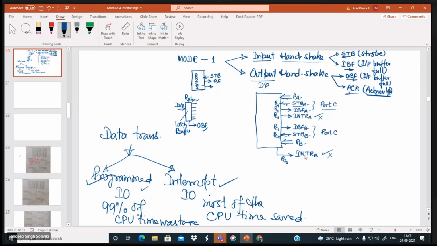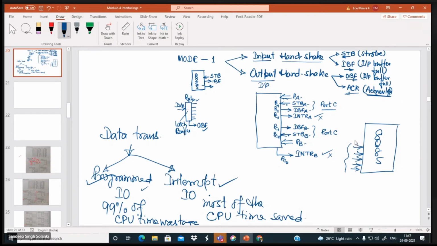Okay, and these interrupts you can connect to your processor, to your processor means this 8085, which you have been taught, with 5 interrupt pins available. Wherever you want to use, you can use.